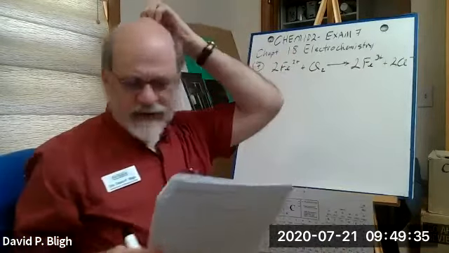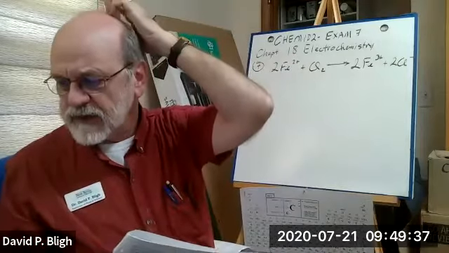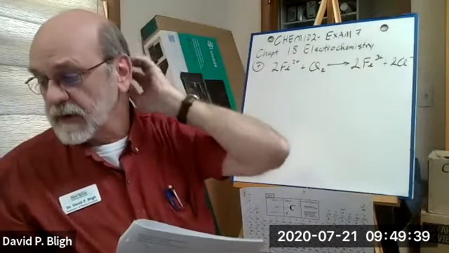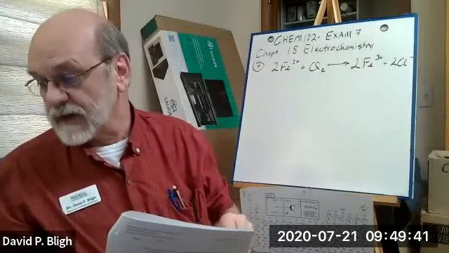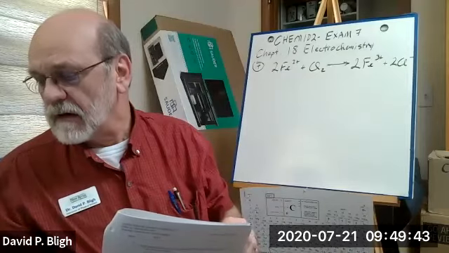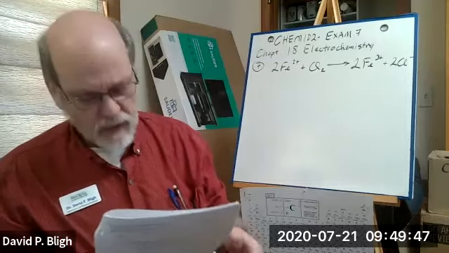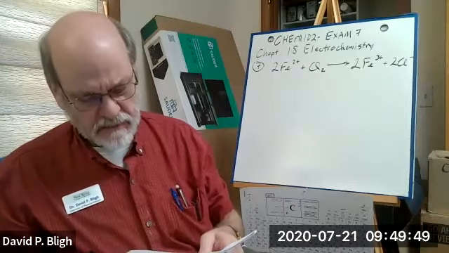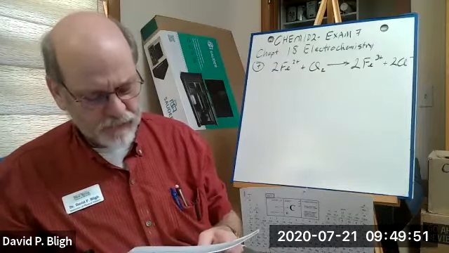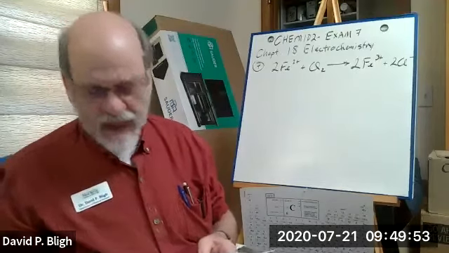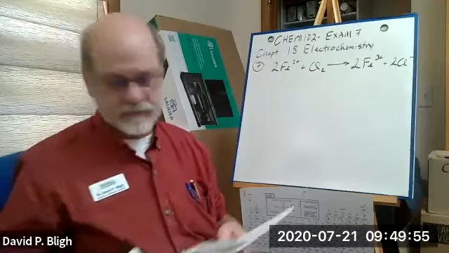All right, for the correct half reactions, I'm assuming that what they're looking for is balanced. No, not necessarily balanced half reactions. What half reactions do you start with?